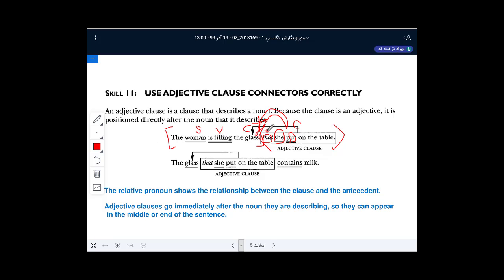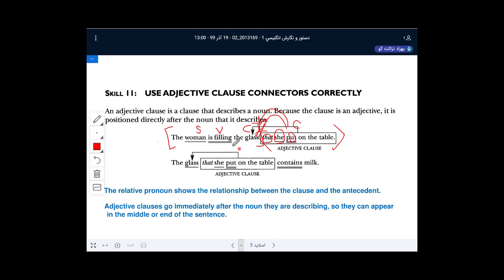So the three requirements. Here it comes in between the subject and the verb. Here it is modifying the object of the verb. So the complement is the object of the verb. But here it modifies the subject of the sentence. So the glass contains milk. So which glass?